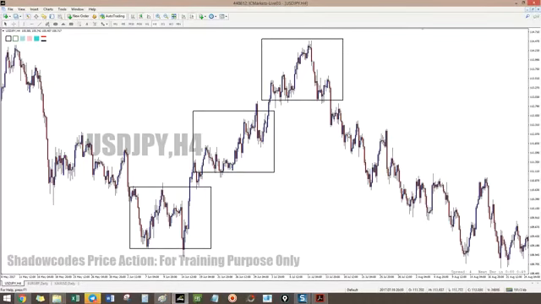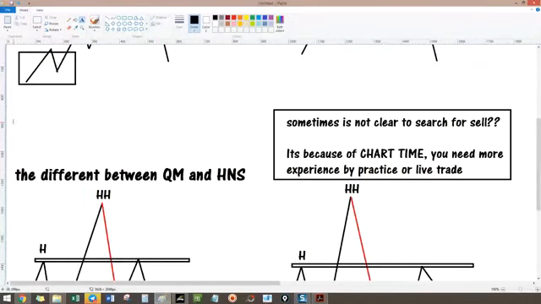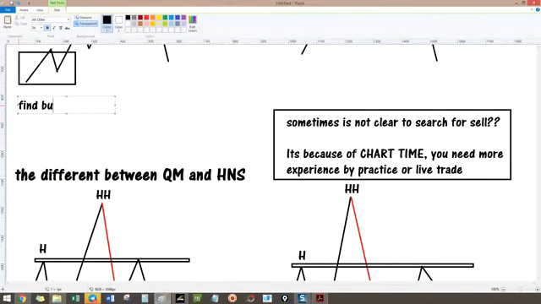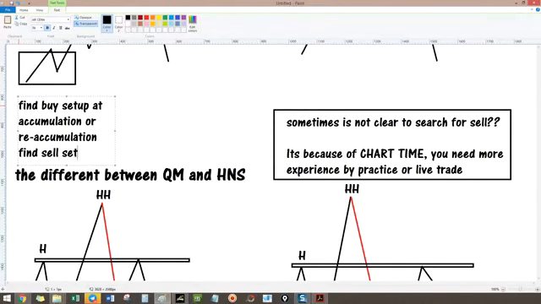Okay, so you find an excess market, or okay, you find buy setup at distribution, buy setup at accumulation or reaccumulation, find sell setup at distribution and for redistribution.